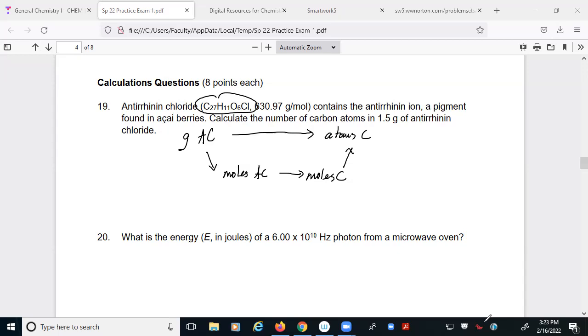We just got to know how to do it, know what to use. Now, the first step, pretty easy. We're going from grams of something to moles of something. We know molar mass is going to be involved in that.